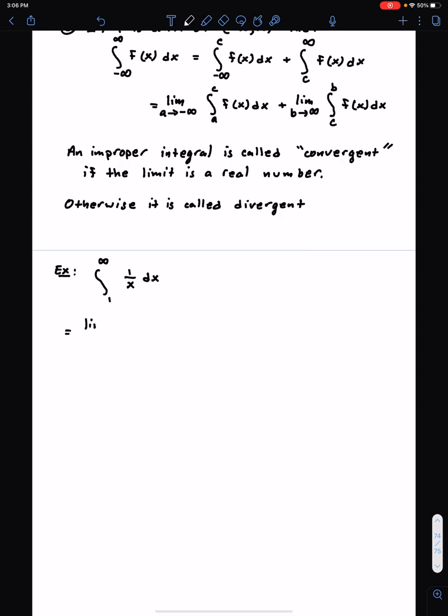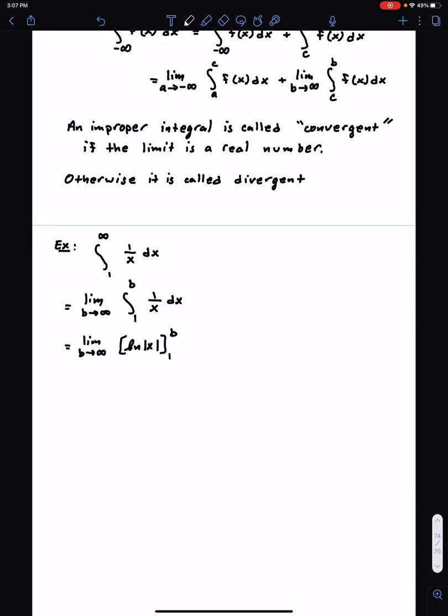So limit as b approaches infinity of the integral from 1 to b of 1 over x dx, which is the limit as b approaches infinity of the natural log absolute value of x from 1 to b.